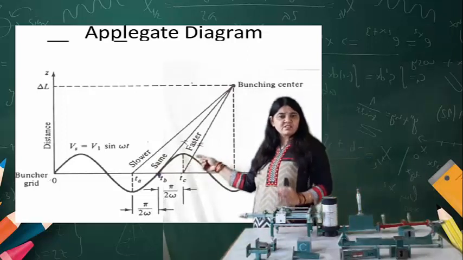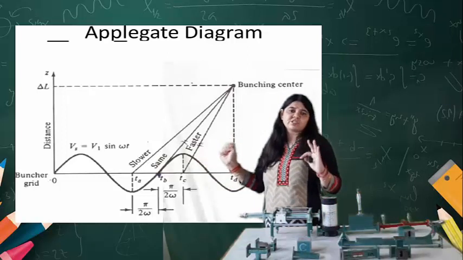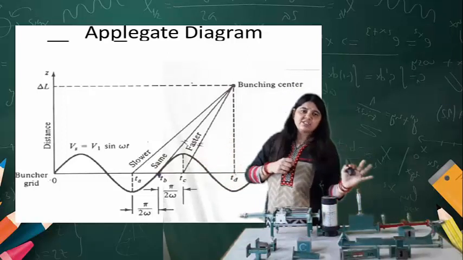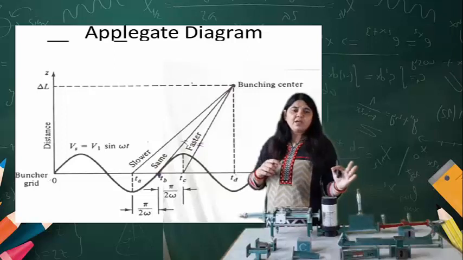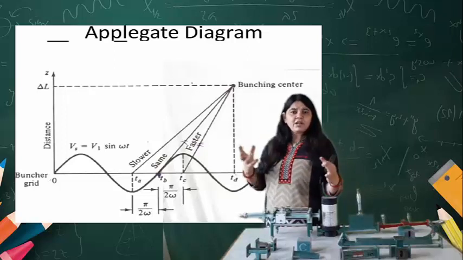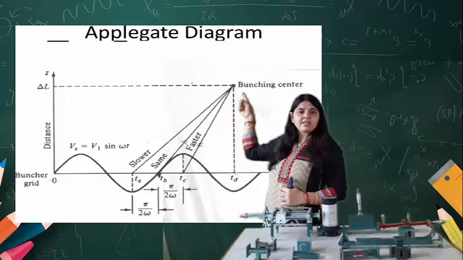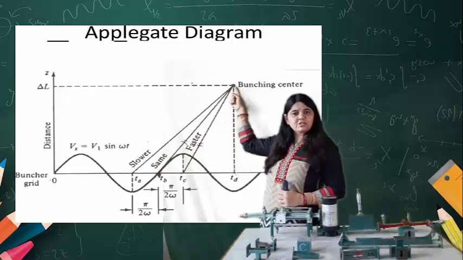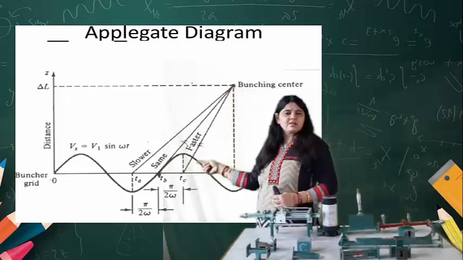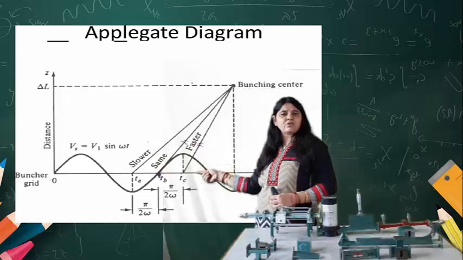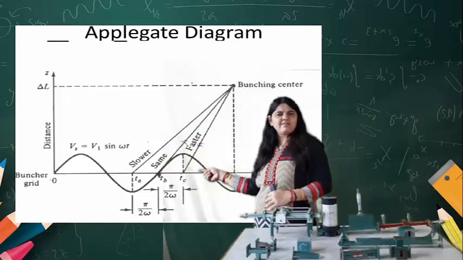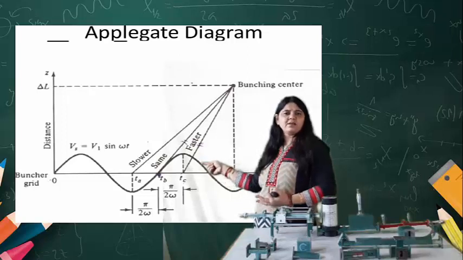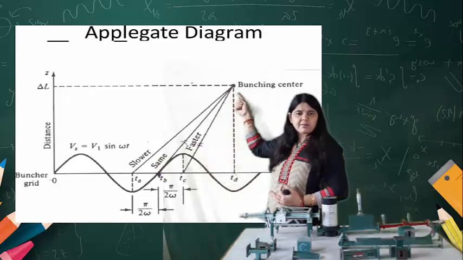Now what happens at this particular point? The electron with the slow speed comes later. And if it has the higher velocity, then it can reach this particular point. The electron which goes later after some time, but has the higher velocity, again reaches at the same time.